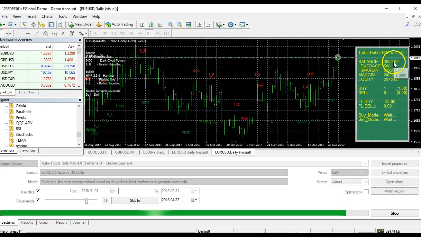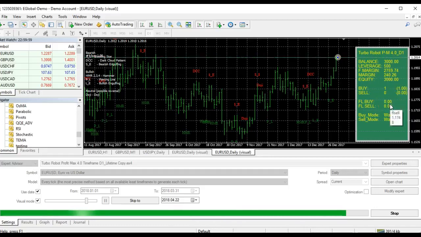Let's say if you're using a cent account, it's 100,000, and if you are fund managing, definitely your account is higher than $20,000 or $40,000. So it doesn't matter about your floating losses, because you have a higher amount.